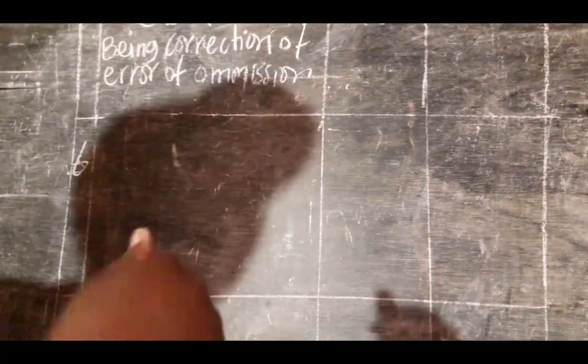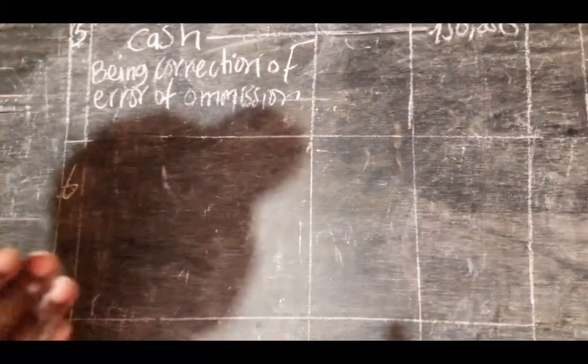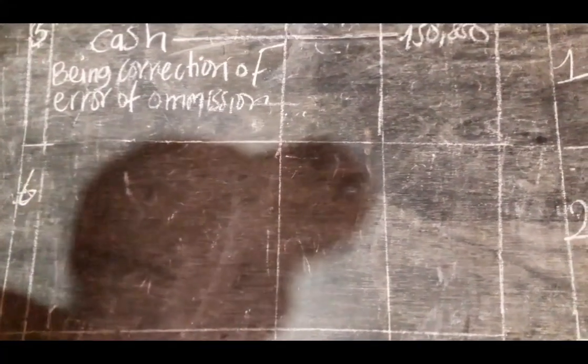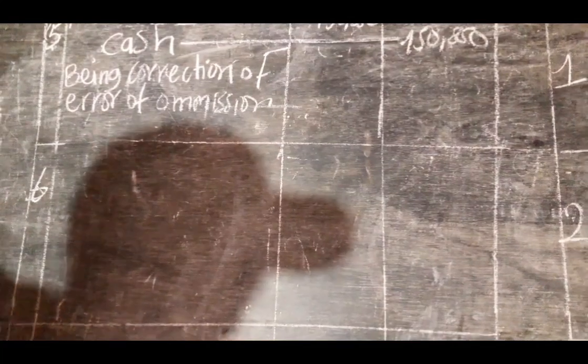In some cases, I will tell the learners that when you first of all cancel it, you go down to the next stage and then you bring it inside. But as a proper accountant who is dealing with figures, you just simply need to know that you multiply the figure that you have by 2. Which means if we take 850,000 times 2, we will have 1,700,000, and we reverse the amount.